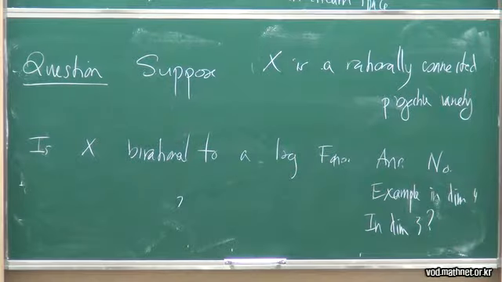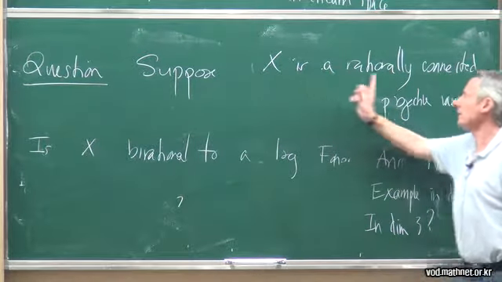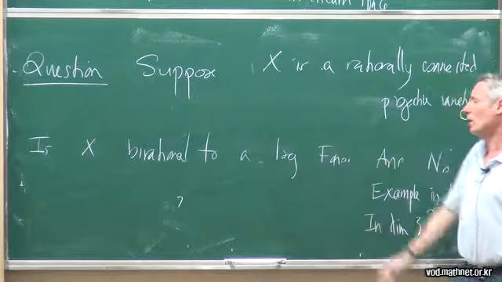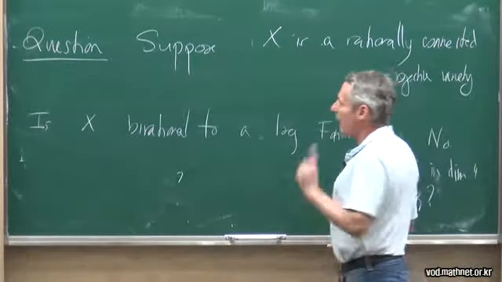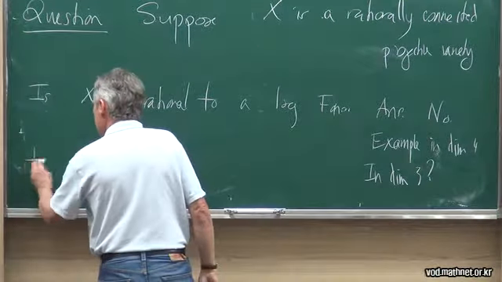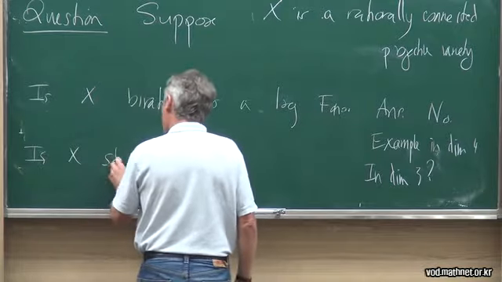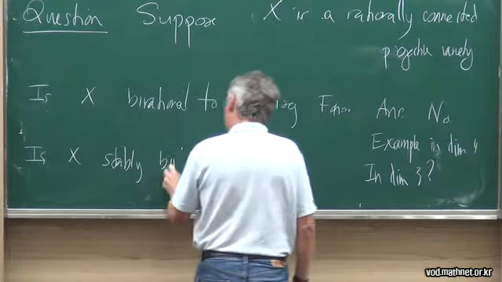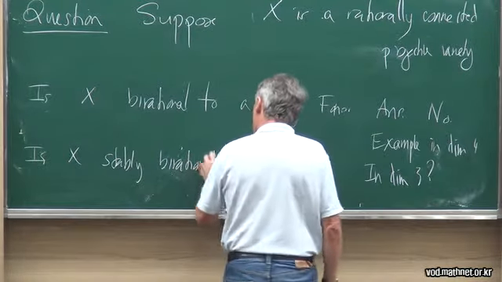This is apparently the work of a student of Shokurov. But there are certainly examples in dimension 4. There are 4-dimensional rationally connected varieties that are not birational to log Fanos. So let me ask a slightly different question. Is X stably birational to a log Fano?